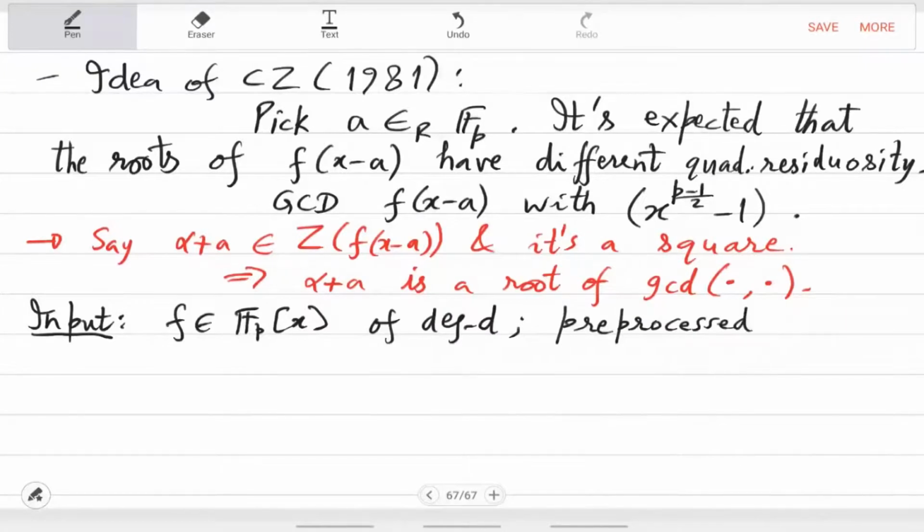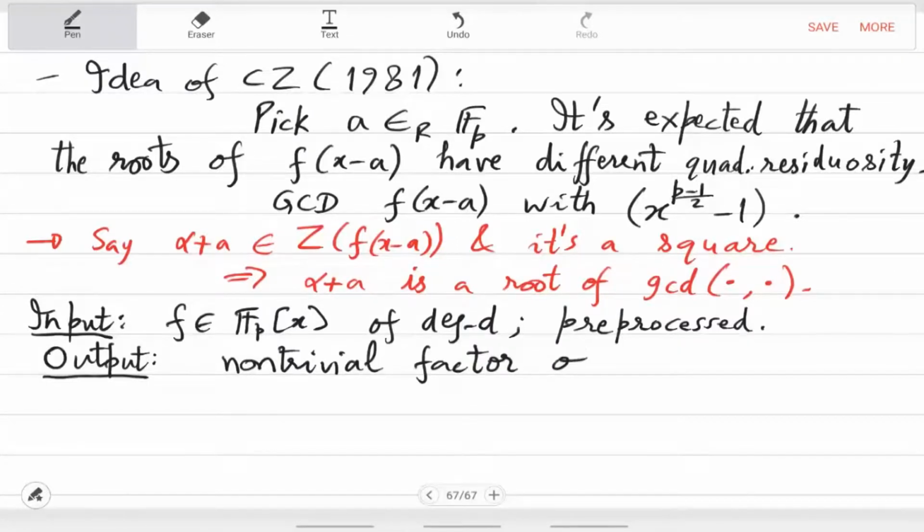So, all the usual assumptions hold. In the output you want to give a factor. Okay. And it essentially has only one step.